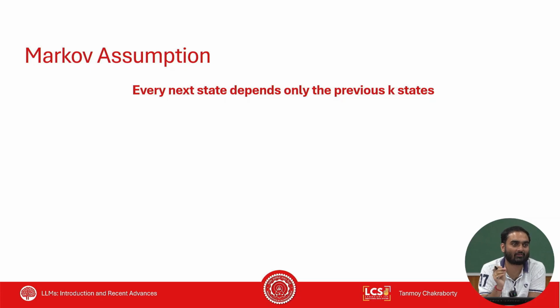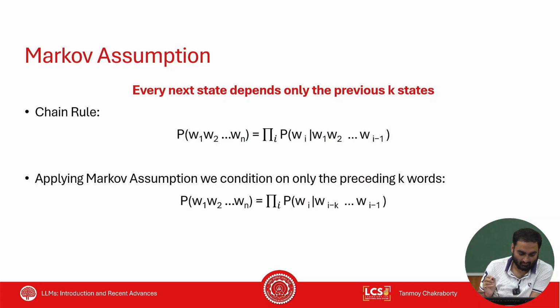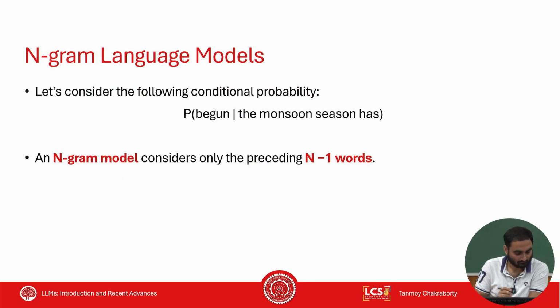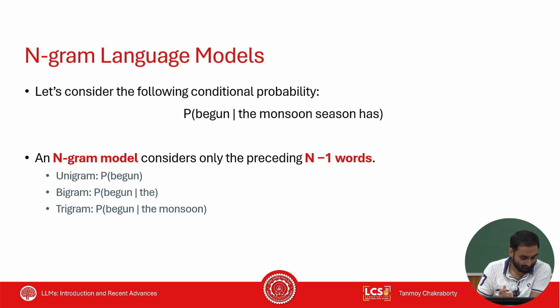Where it is not dependent on the state at all. Okay, so we make these assumptions, n-gram assumptions. An n-gram is equivalent to an n-1 order Markov assumption.